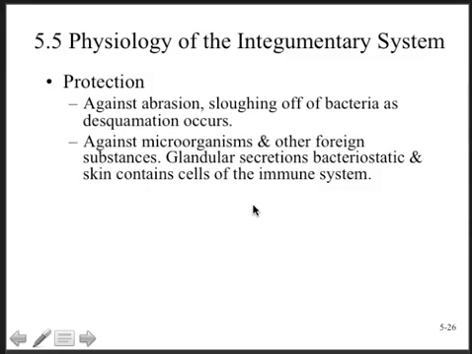So this provides a barrier against microbes and other foreign substances. The desquamation, but also the secretions, are bacteriostatic and in some cases bactericidal, so they inhibit bacterial growth.